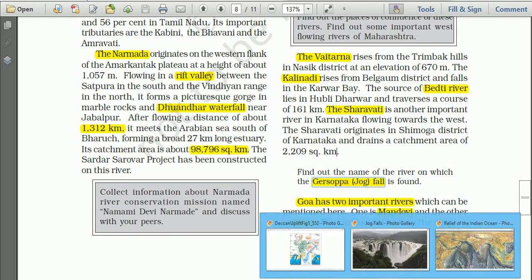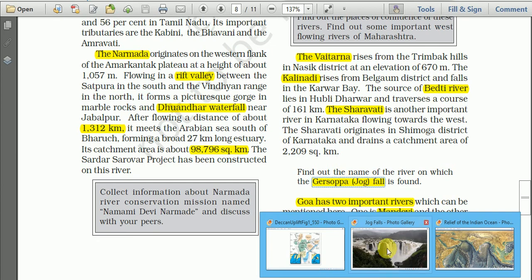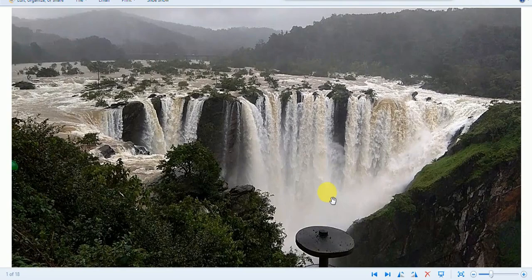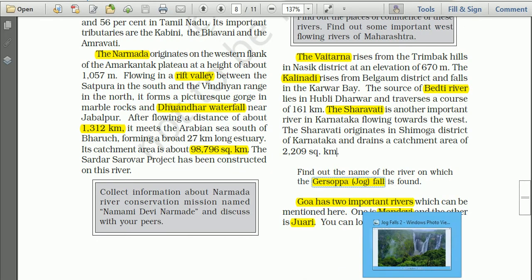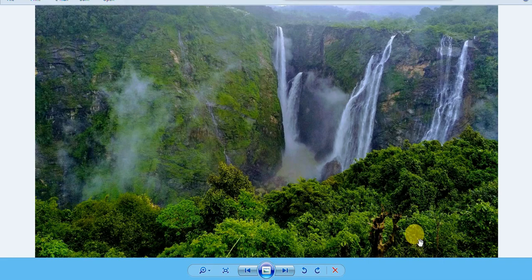And here I have some photographs. This is a photograph showing Jog Falls in the rainy season. And here, this is another photograph of Jog Falls in the dry season.